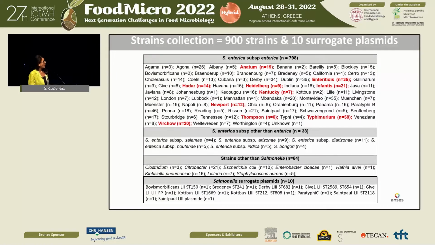This slide sums up the panel of strains. We used 900 strains. As you can see, we have Salmonella enterica, of course, Salmonella other than enterica, but also strains other than Salmonella and 10 surrogate plasmids.